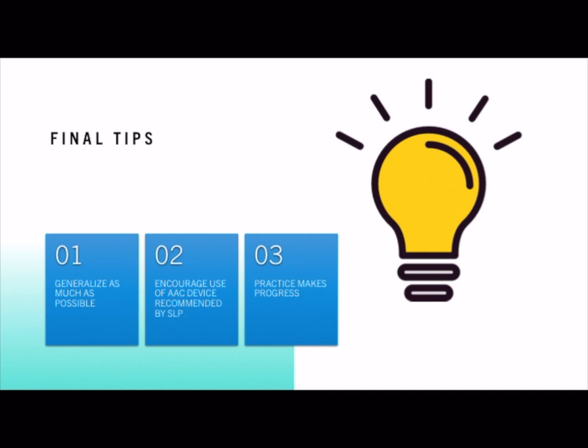So we want to make sure that the learners feel comfortable doing this, because this is how they will have to communicate, instead of hitting, screaming, throwing themselves on the ground, or harming themselves or others. So we want to make sure we're encouraging the use of these devices so that they can get used to it. They can feel comfortable with communicating this way, because we want to make sure they have the best quality of life as possible, and that starts with them being able to request the things that they desire, or when they want activities to stop.